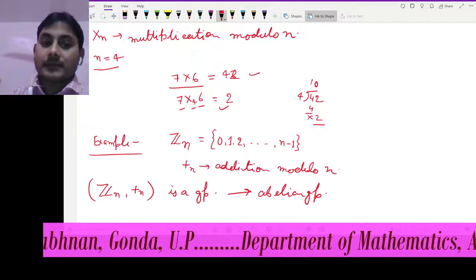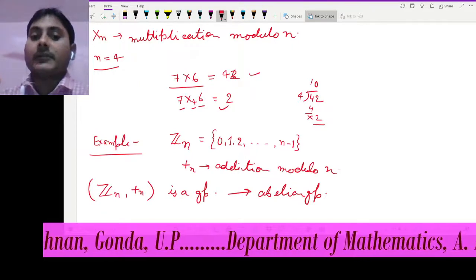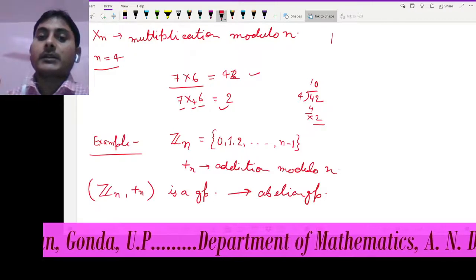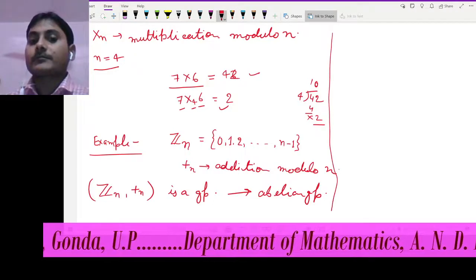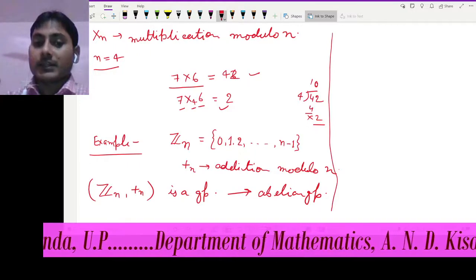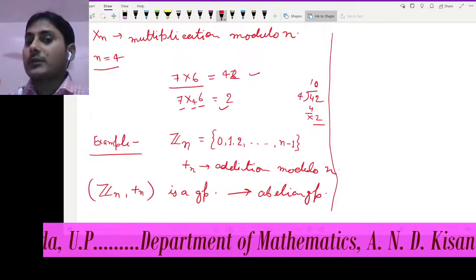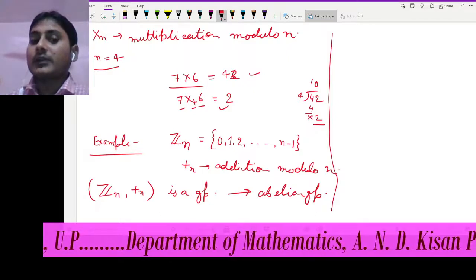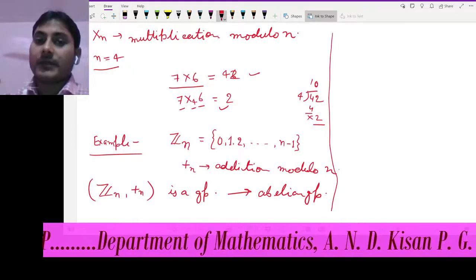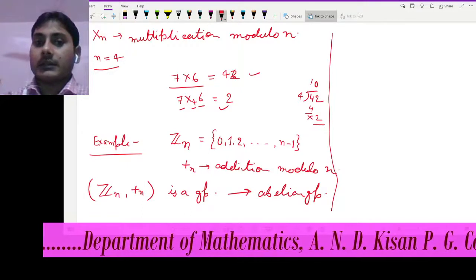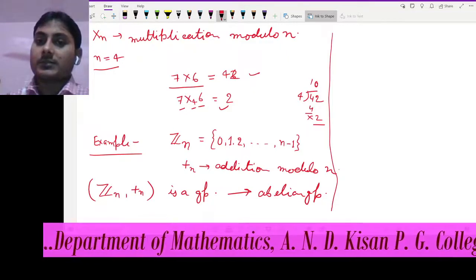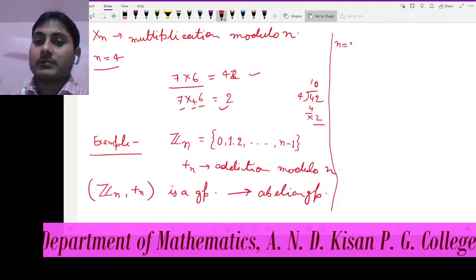I am claiming that, and one can verify the properties of the group. What are the properties of the group? First property, closedness: take any two elements of this set. In particular, if you take a particular value of n, you can have a nice picture of this in mind. Suppose I am taking n equal to 5.